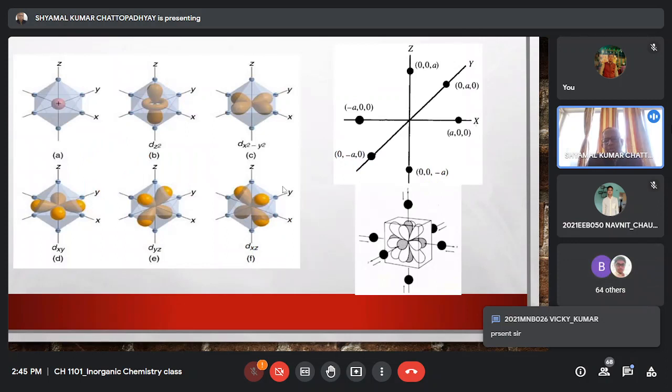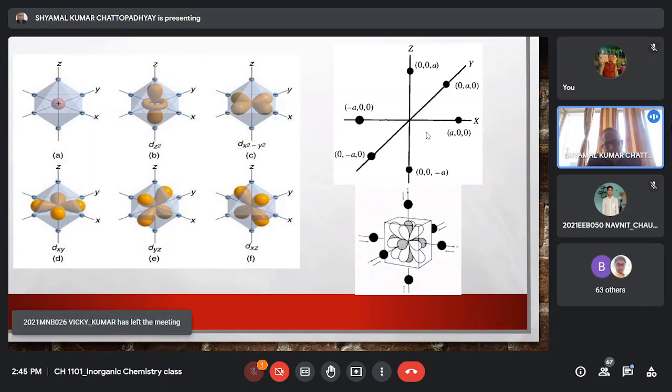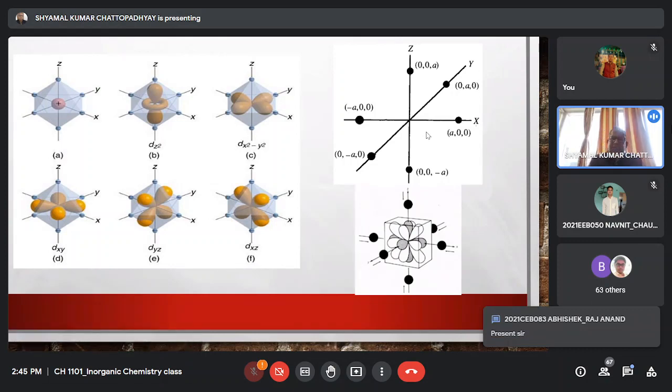Now let us consider first of all an octahedral complex, because that is the complex which is most often discussed, right? Among the various metal complexes that are known today, probably 75 to 80% will belong to the octahedral complexes, right? So for an octahedral complex, here we consider metal and ligands actually as point charges.